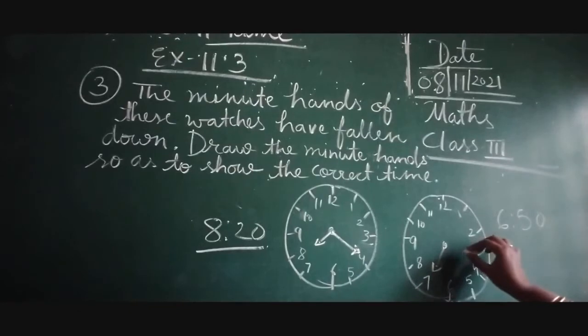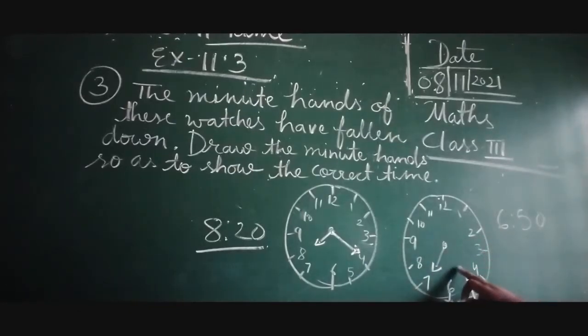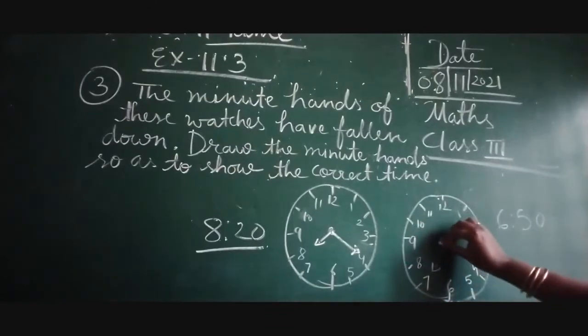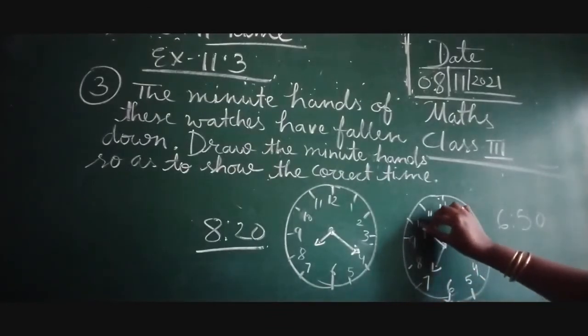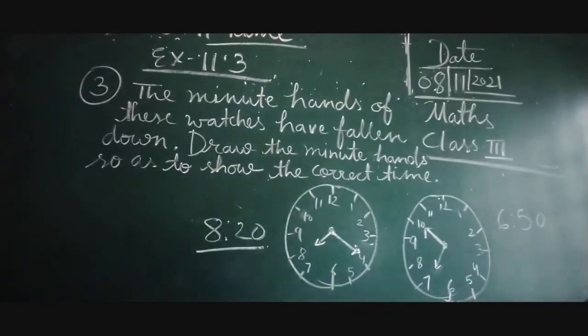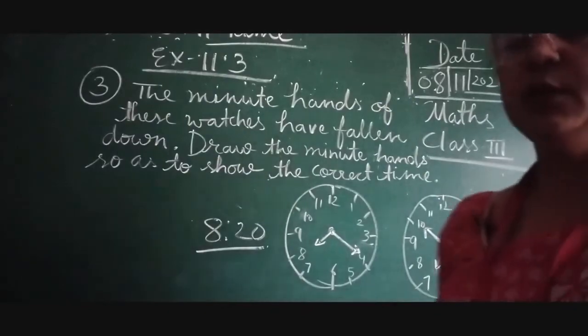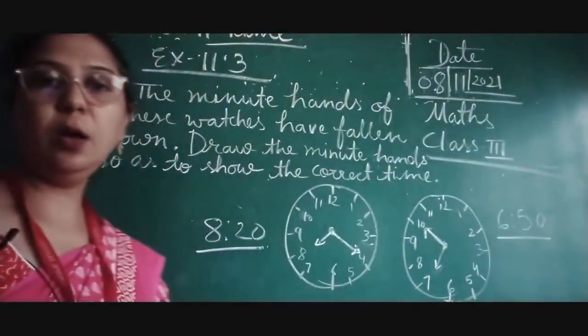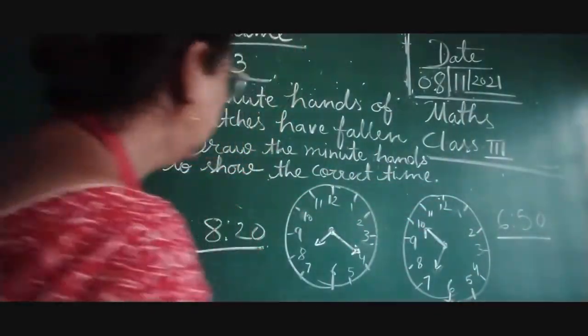It means 6:50 we are going to start, that is 30, 40 and 50. We have to draw over here the bigger hand. Okay, this is the minute hand and this is 6:50. Okay children, so draw this clock in your book.